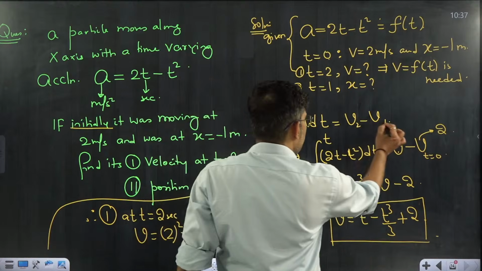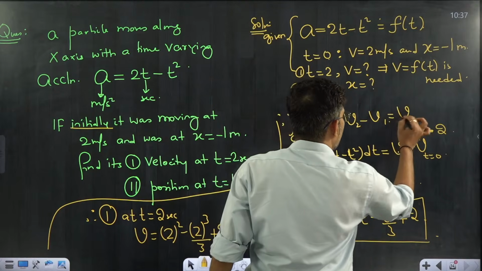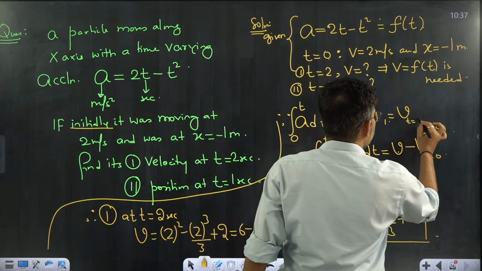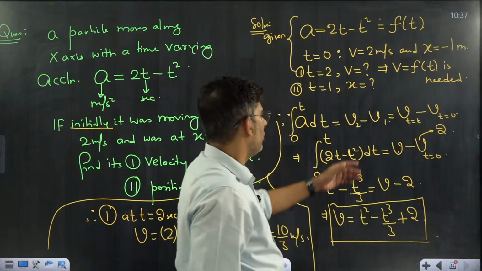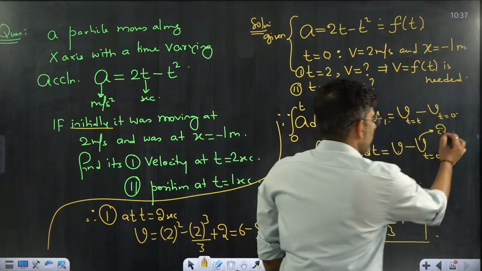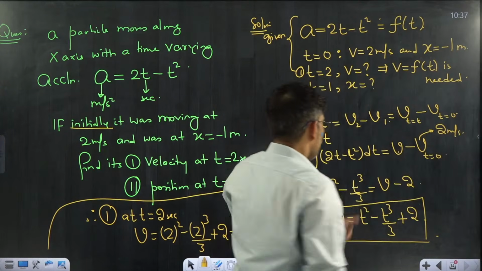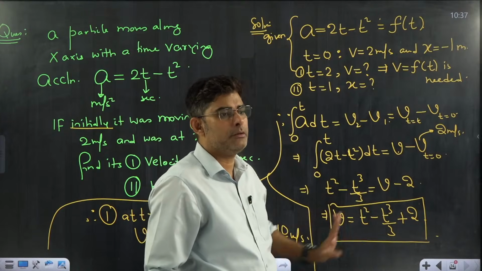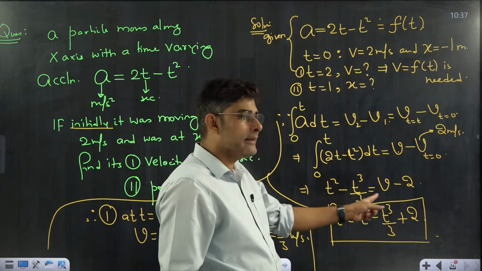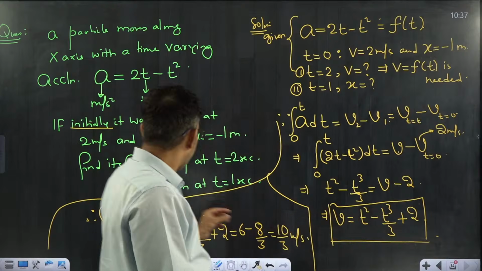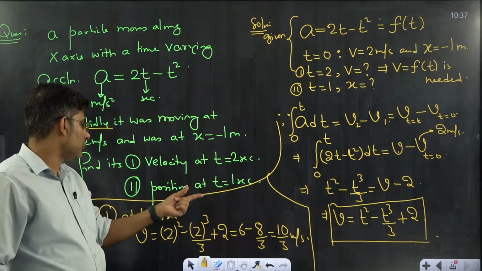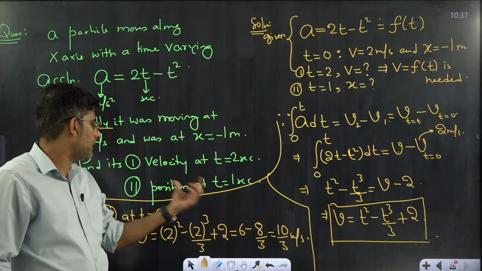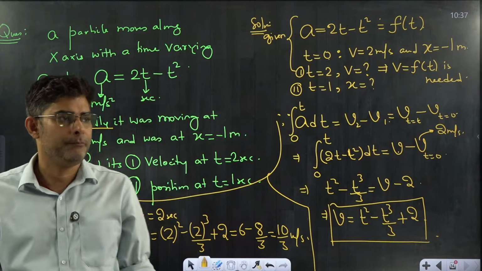And when I write v2 minus v1, it means the velocity at time t minus the initial velocity. In the question they have given me 2 meter per second. So I got velocity as a function of time. Once I get that, I put the value t equals 2 seconds, and this is the answer for the first part.